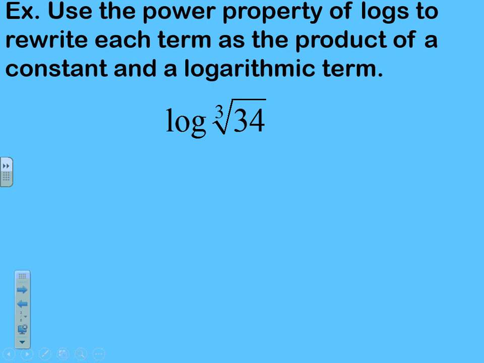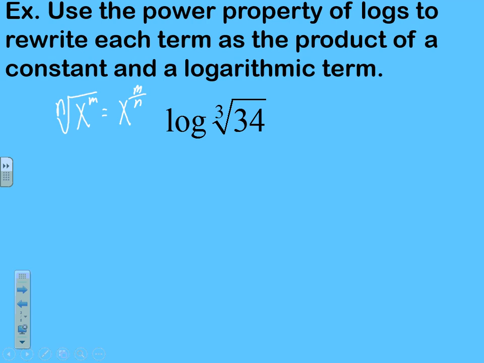Here we have log of the cubed root of 34. Now 34 isn't something that I could just take the cubed root of and simplify it that way. So keep in mind we have the nth radical of x to the m power, which is the same thing as saying x to the m over n power.